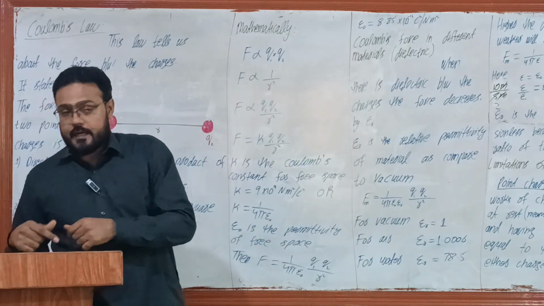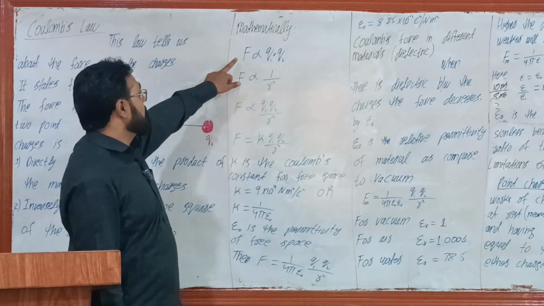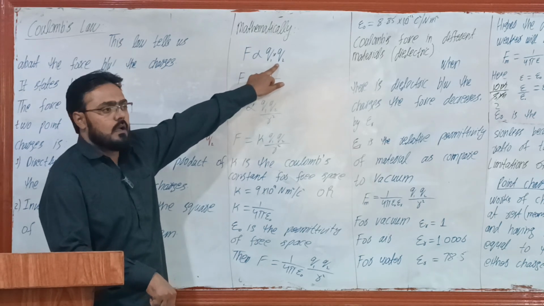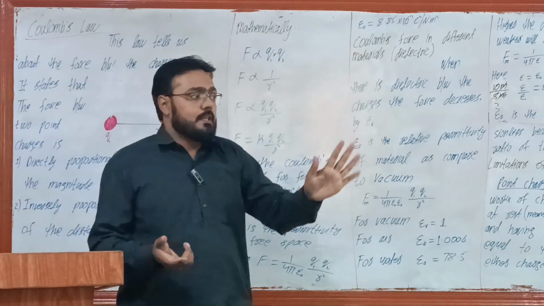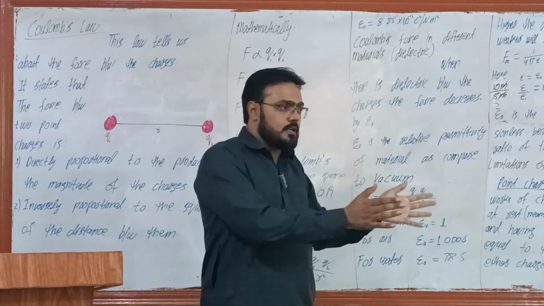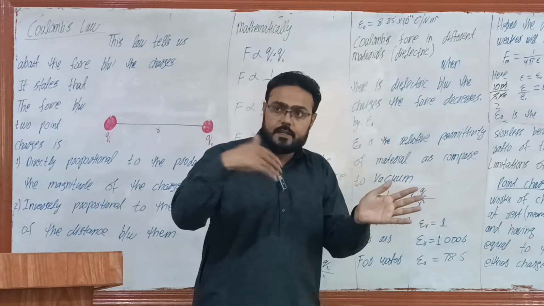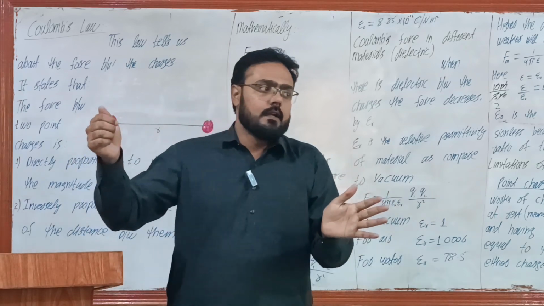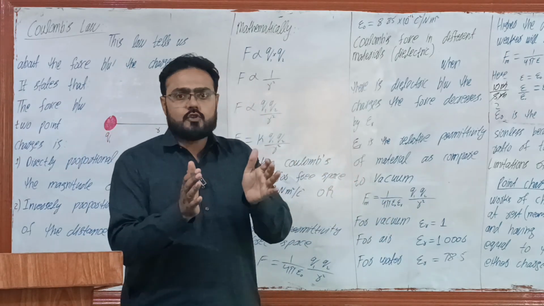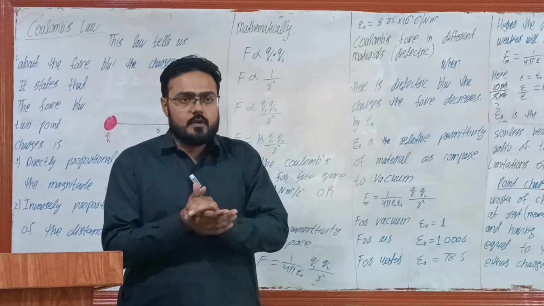The greater the magnitude, the greater the force. Force has a direct relation with the magnitude of the charges. The greater the magnitude of the magnets or the charges, the stronger the force. The smaller the magnitude, the weaker the force.